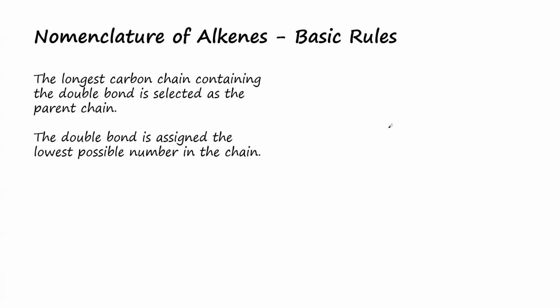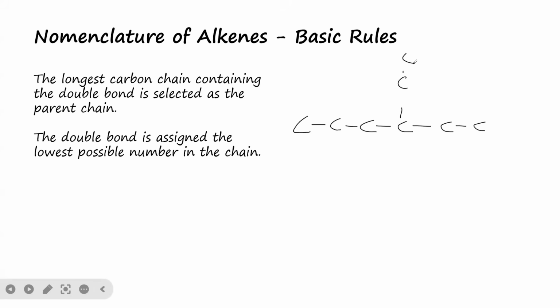And then the double bond is assigned the lowest possible number in the chain. Let me just give an example. If you have something like this, you see this is a compound here, and how do you number this and how do you consider the longest carbon chain?